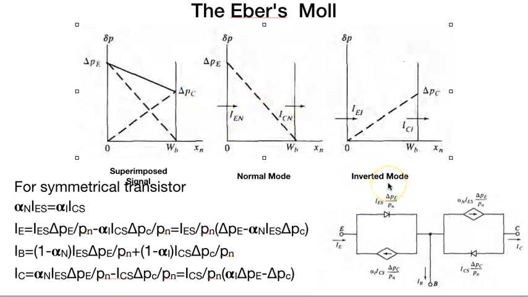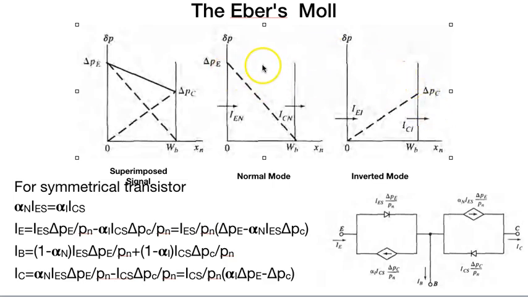In the inverted mode, as in the collector base region, the P region charge carriers penetrate to the N region. However, the current is maintained, but the amount is less.